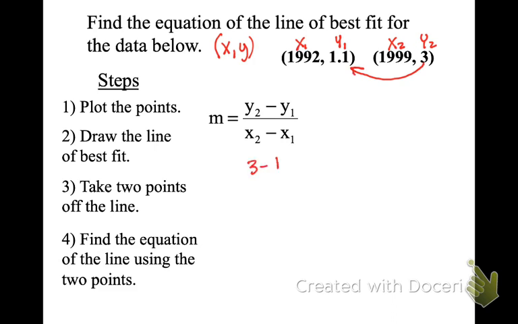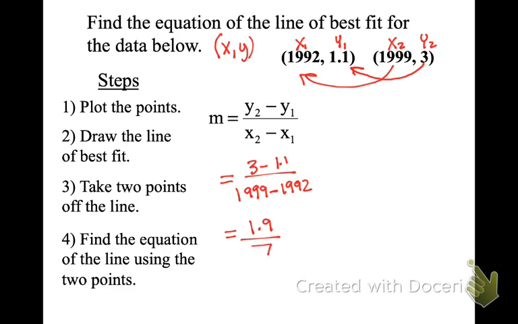Now I'm basically doing 3 minus 1.1 over 1999 minus 1992. And when I simplify it, I get 1.9 over 7.